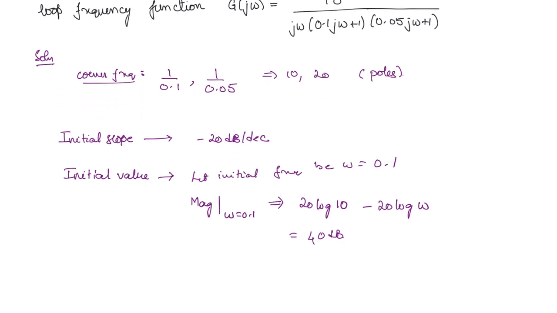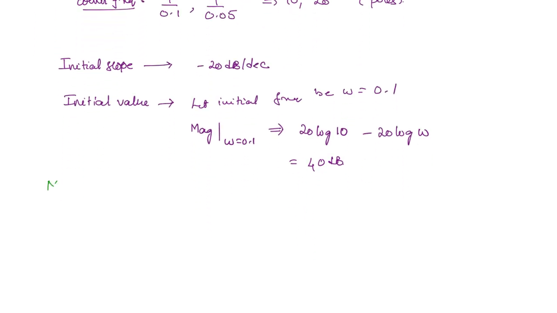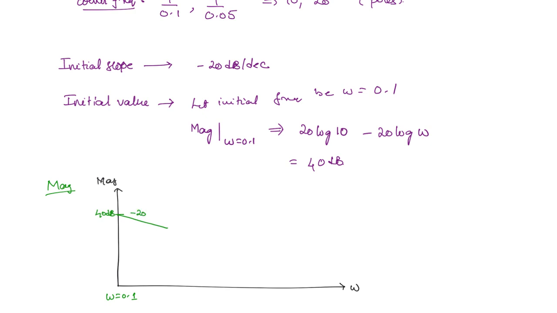Okay. From this information, you can get the magnitude plot, right? So first you draw the axis. This is the frequency and this is the magnitude. Okay. Now where will the initial value of frequency we have taken to be 0.1? For this the magnitude is going to be 40 dB and here it will fall down at a rate of minus 20 dB per decade.